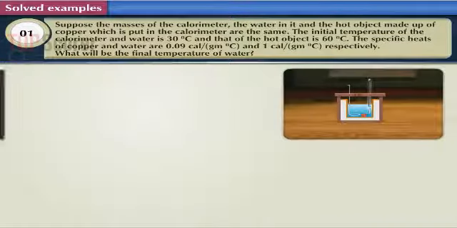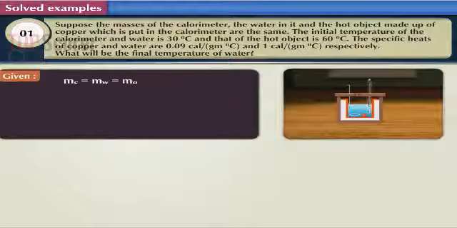Let us first note down the given things. Mass of calorimeter, that is Mc, is equal to mass of water, that is Mw, which is equal to mass of copper object, Mo. As all these quantities are equal, let us call all these notations as M. Initial temperature of calorimeter and water Ti is equal to 30 degrees Celsius.